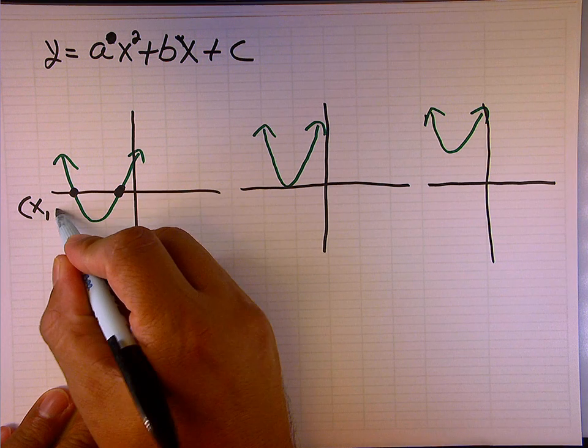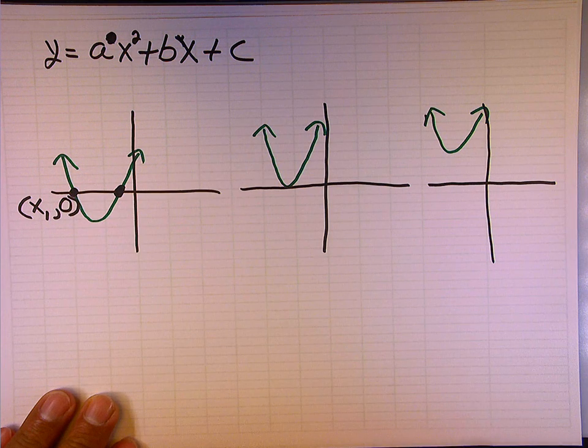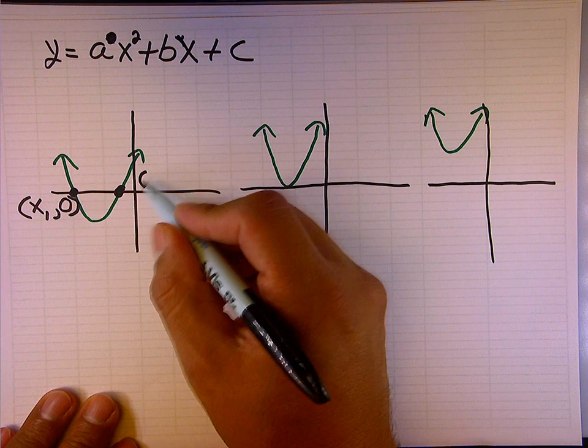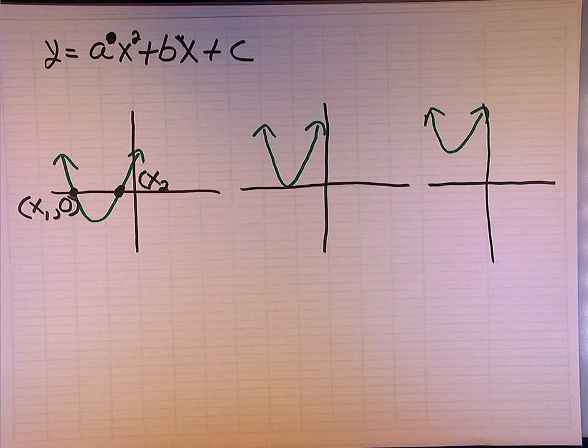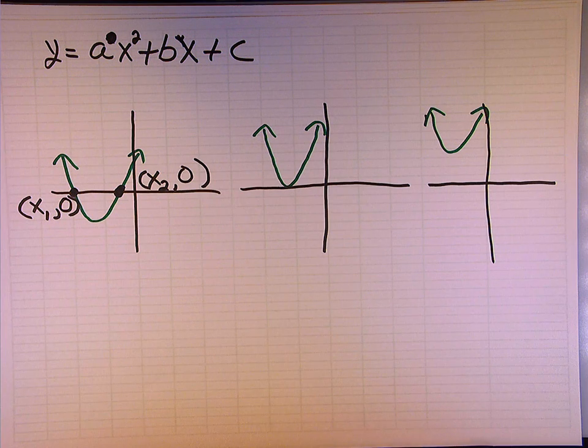But the y value I know for a fact is 0. And on the other point, I don't know what this x value is, the second one, so I will call it the second x value. That's all the subscript means. It doesn't mean a specific location or anything like that, just the second x value that I'm observing. But I do know its exact y value. And that exact y value is 0.